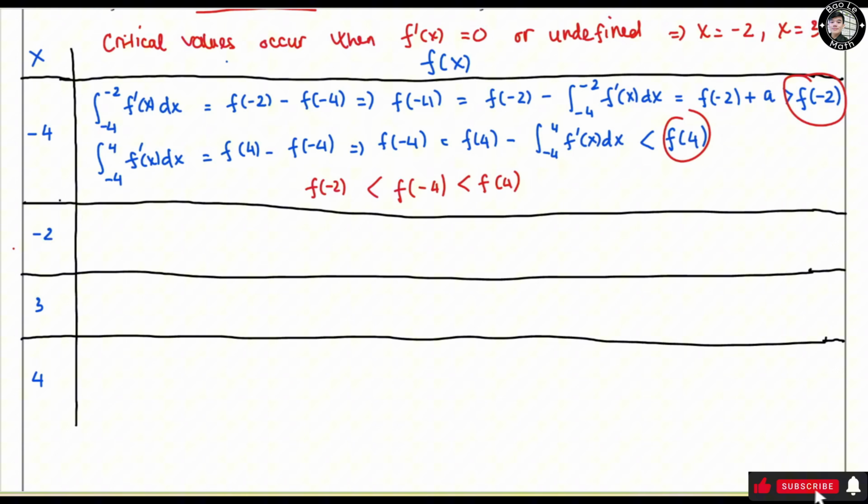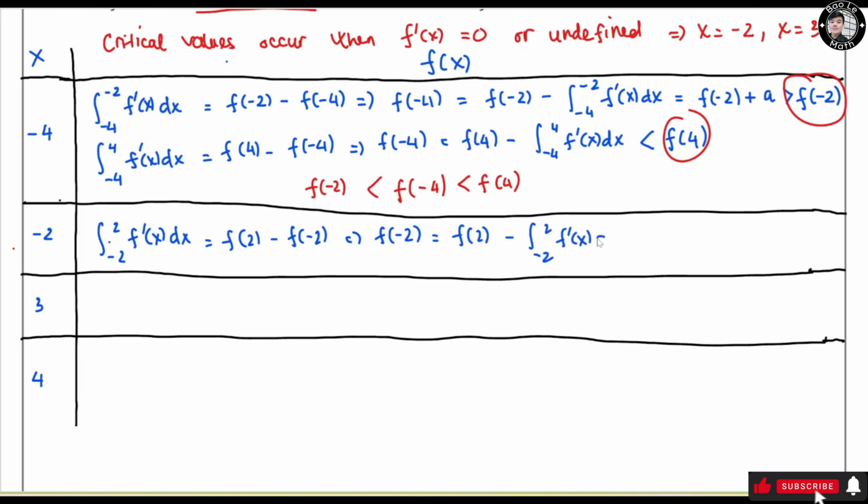So we have the integral from -2 to 2 of f'(s) ds is f(2) minus f(-2), right? So then f(-2) equals f(2) minus the integral from -2 to 2 of f'(s) ds, right?